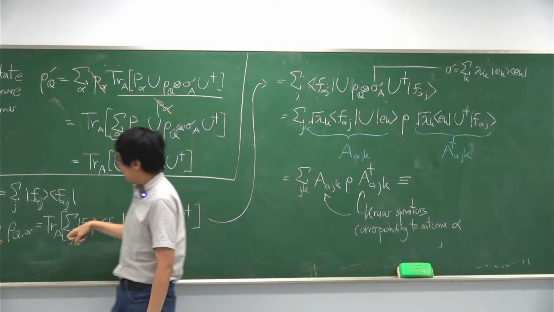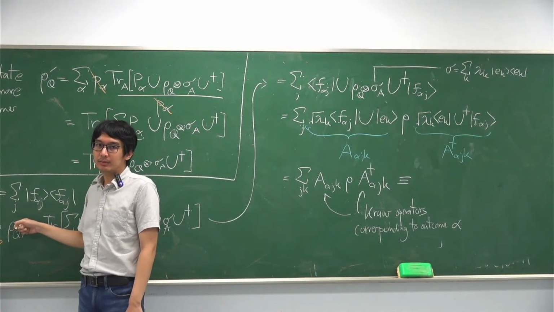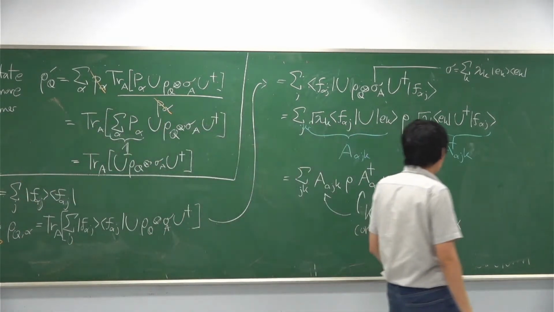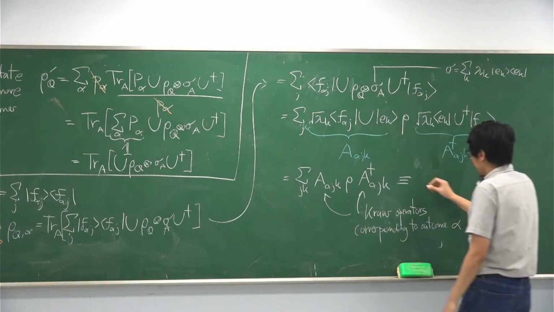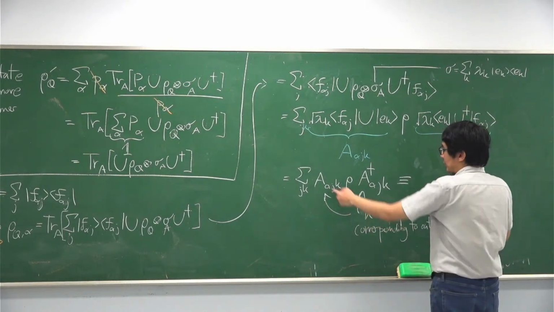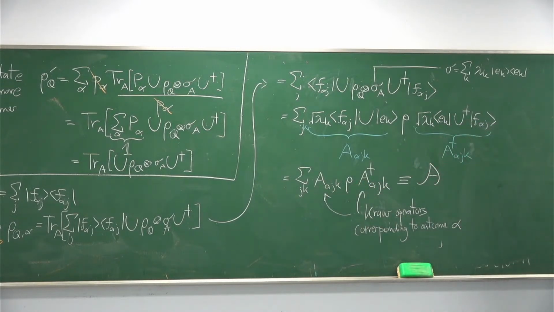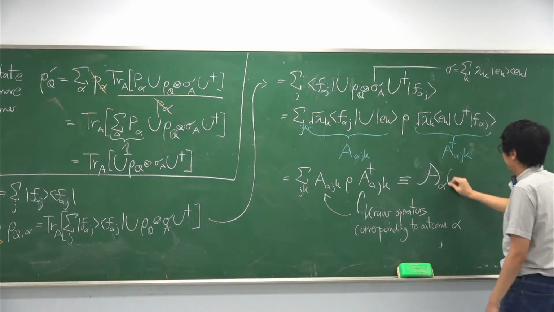So what we have been calculating is the result of the transformation under this measurement model. Generally you think of this as a map from density operator to density operator. Since I use A for the Kraus operator, I can use calligraphic A for the quantum operation when the outcome is alpha.